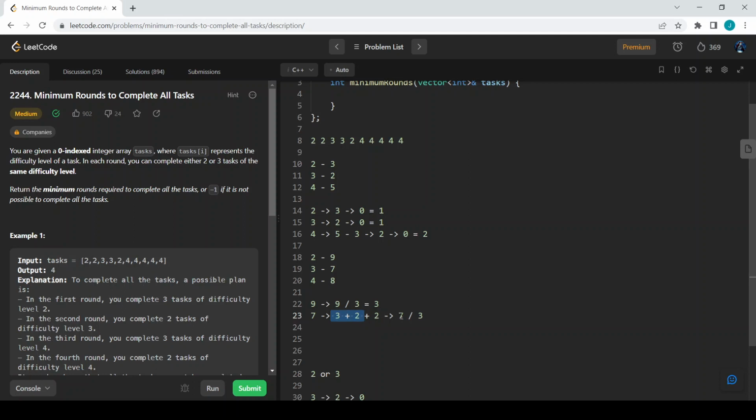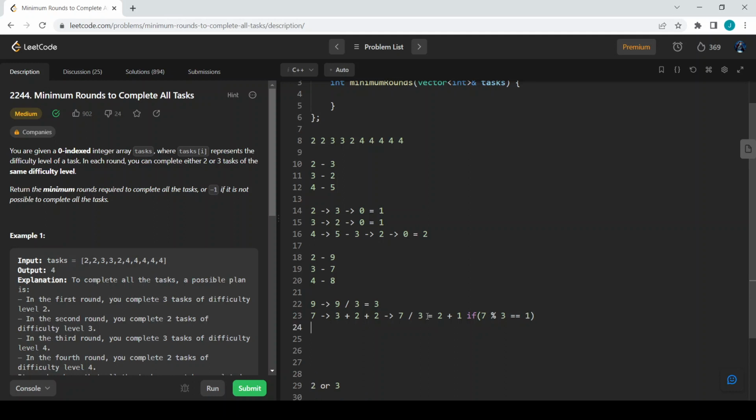We have taken 2 rounds, and there is another round if that mod value of 7 mod 3 is either 1 or 2, then we can increment the count by one, so that we have 2 plus 1. Here 7 mod 3 is equal to 1.